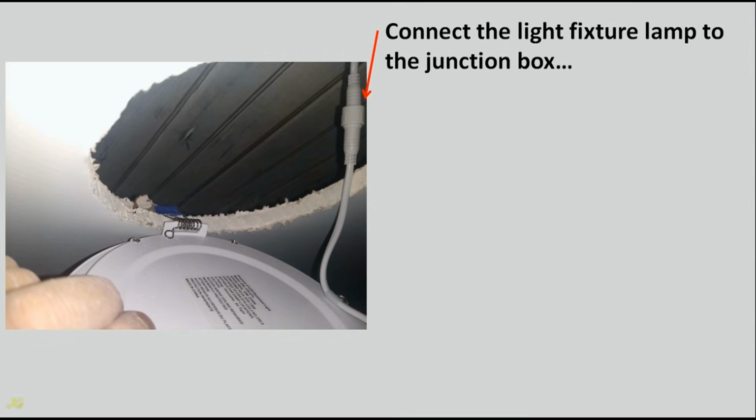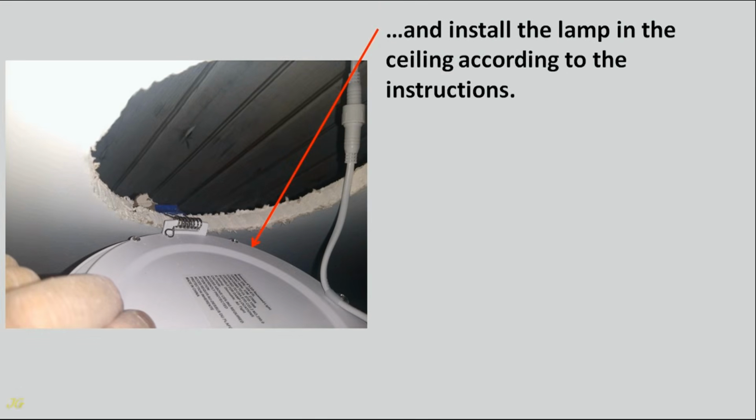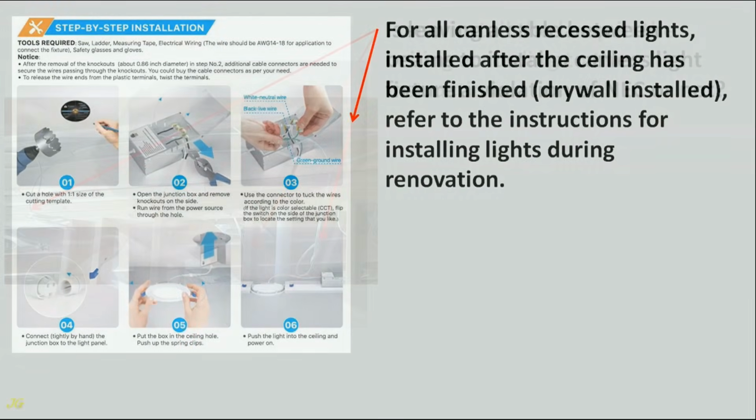Connect the light fixture lamp to the junction box and install the lamp in the ceiling according to the instructions. For all canless recessed lights installed after the ceiling has been finished, drywall installed, refer to the instructions for installing lights during renovation.